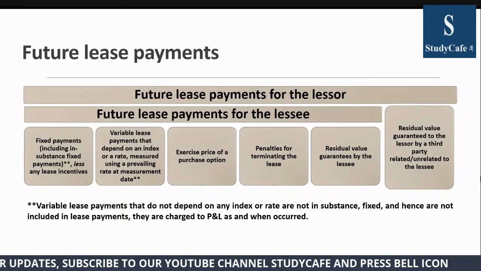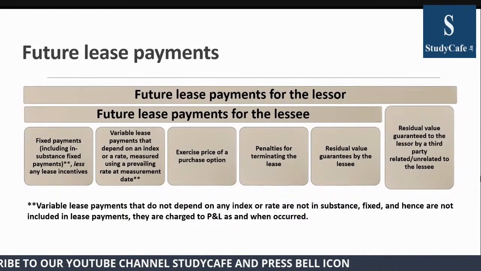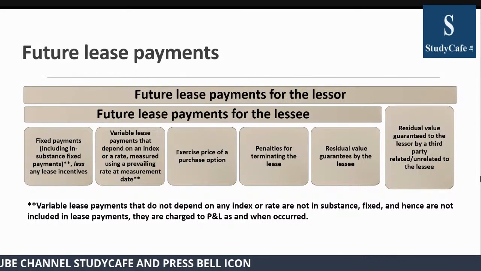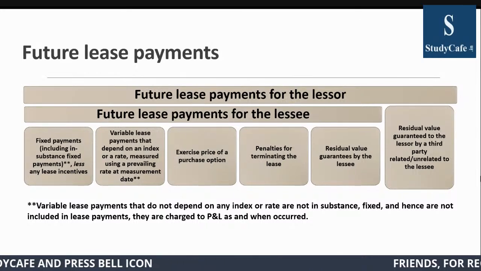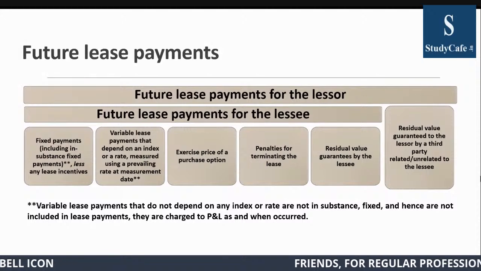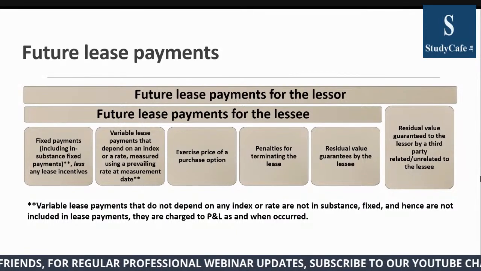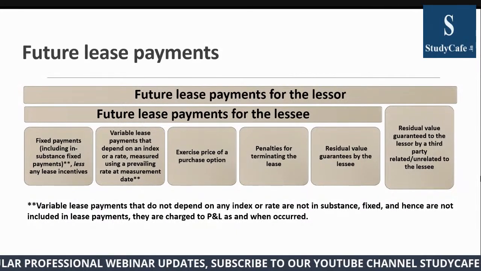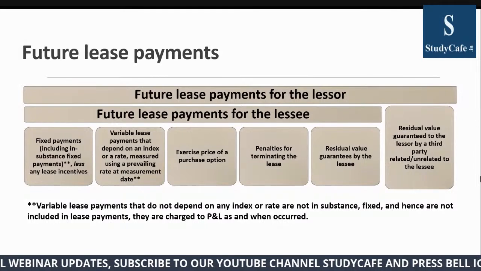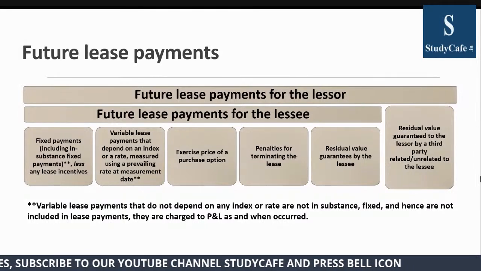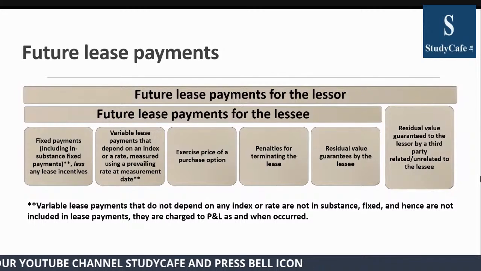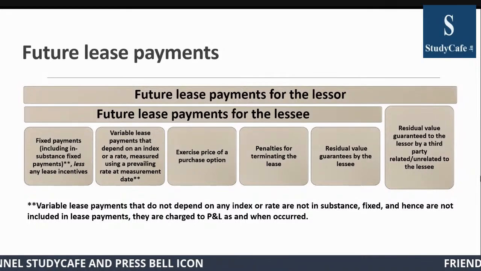Variable lease payments that do not depend on any index or rate, that are not in substance fixed, and hence are not included in lease payments, are charged to P&L as and when they occur. So when lease payments are linked to revenue, sales or any usage by the lessee, they are not included in the future lease payments, but are expensed off as and when they are incurred.